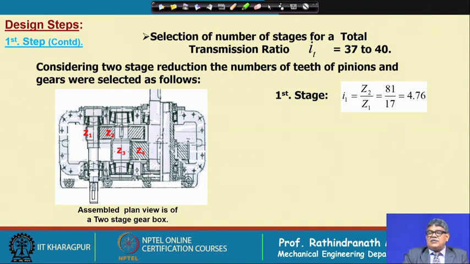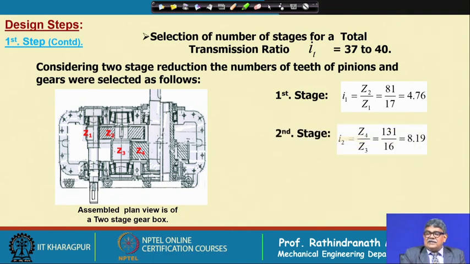In this case, what we have taken is Z2 by Z1 as 81 by 17, which is 4.6, a fraction. So, tooth hunting is avoided, and 17 is a good number, we need not bother about undercut. So, 81 by 17 we have taken, and then in the second stage we have taken 131 by 16, which is more than 6.